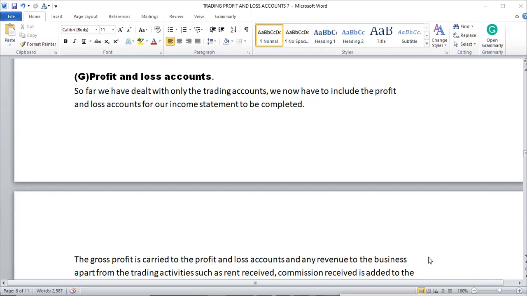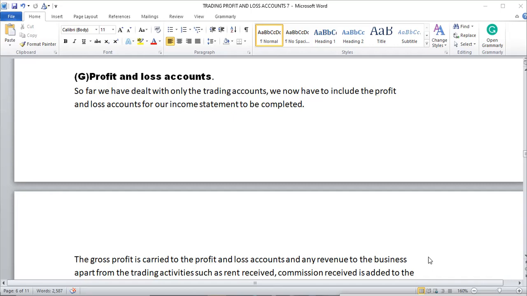I'm using these notes to explain the second part, the profit and loss account. The notes that I have made are very simple, and we go through them gradually. By the end of the subject, you'll be able to understand the second aspect, which is arriving at the net profit.